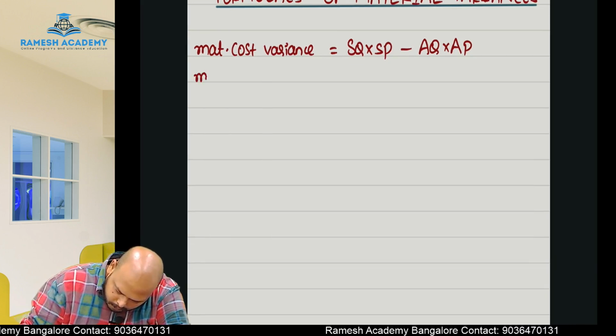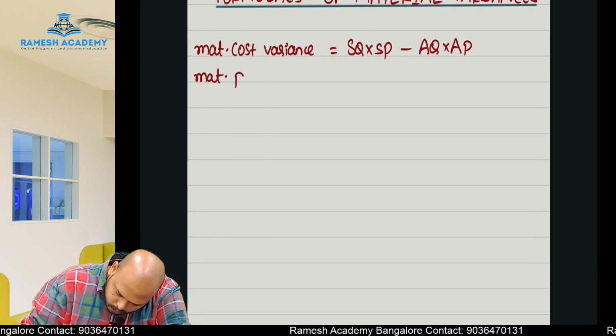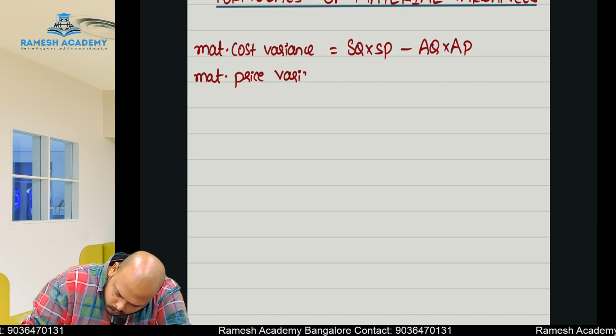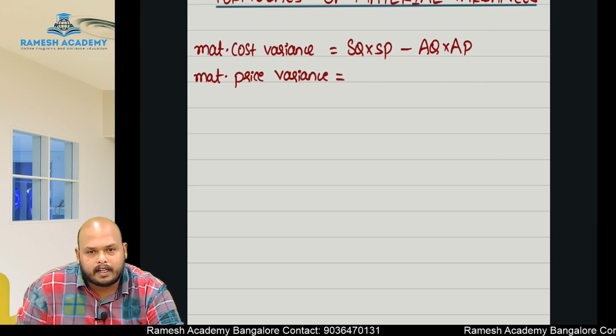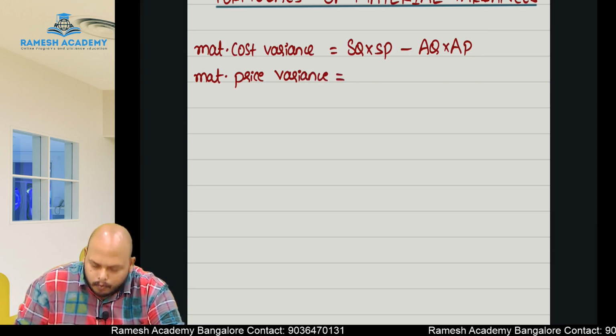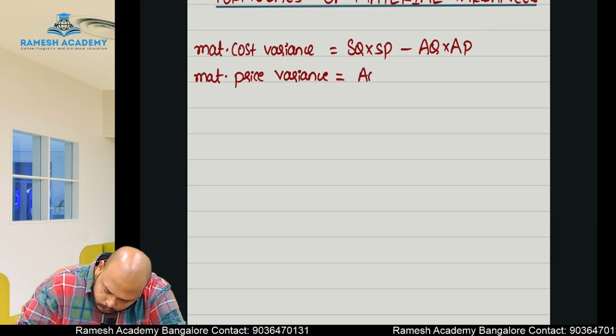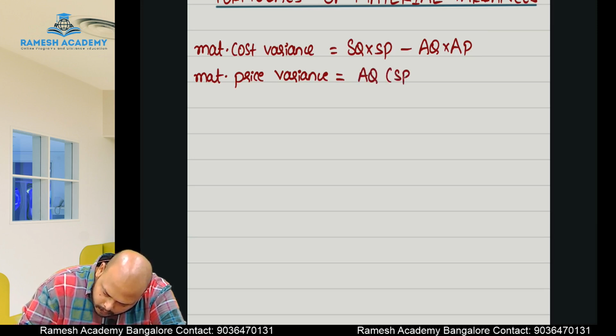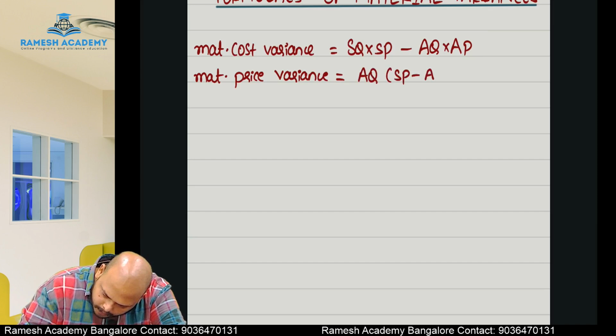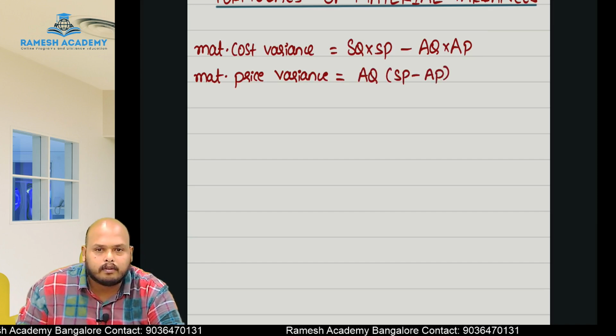Next, material price variance is equal to actual quantity into standard price minus actual price.